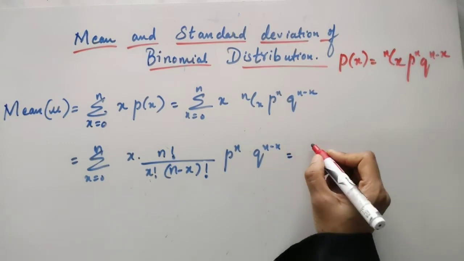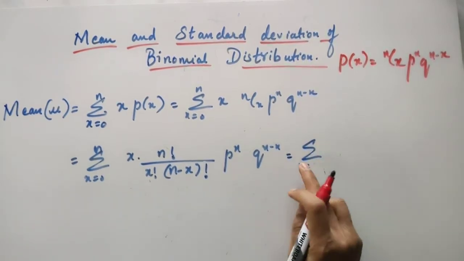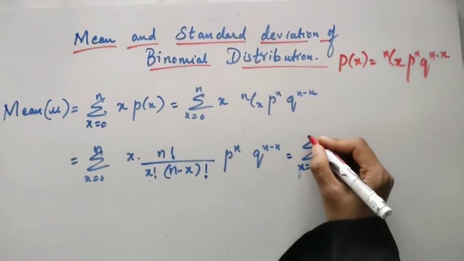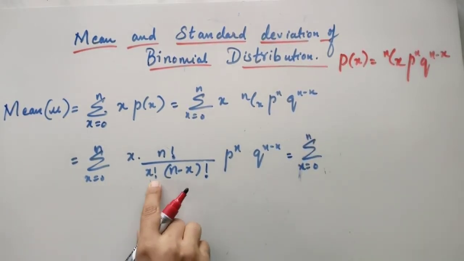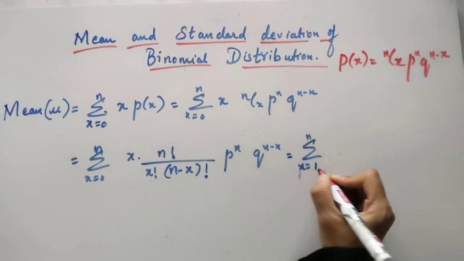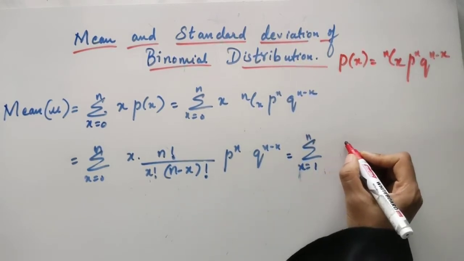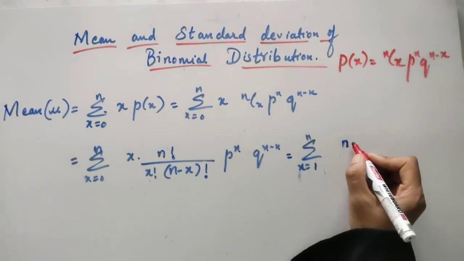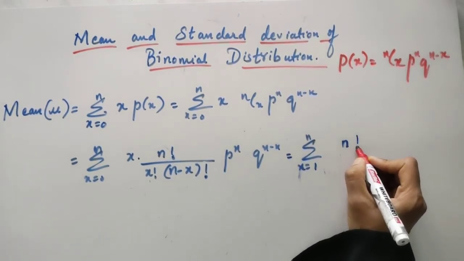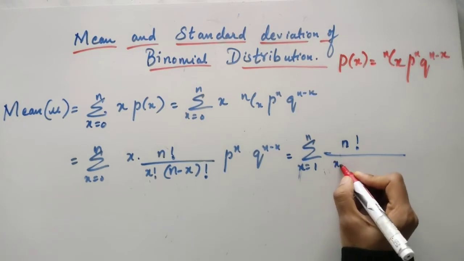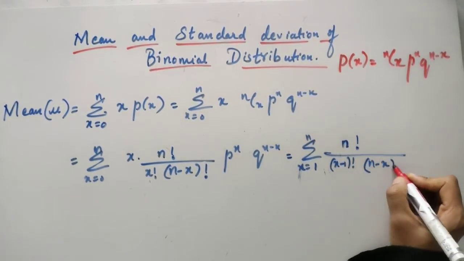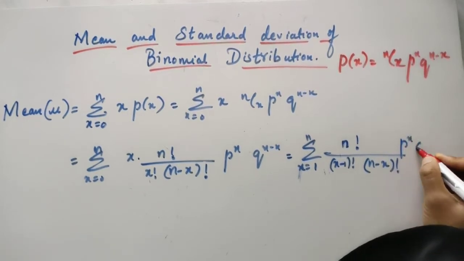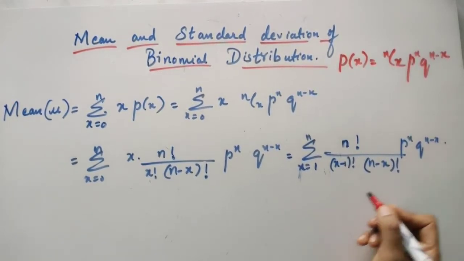So when you cancel this one x, you have to write x going from 1 to n. The x has got cancelled, so the numerator will be as it is, n factorial divided by x minus 1 factorial, n minus x factorial, p raised to x, q raised to n minus x.